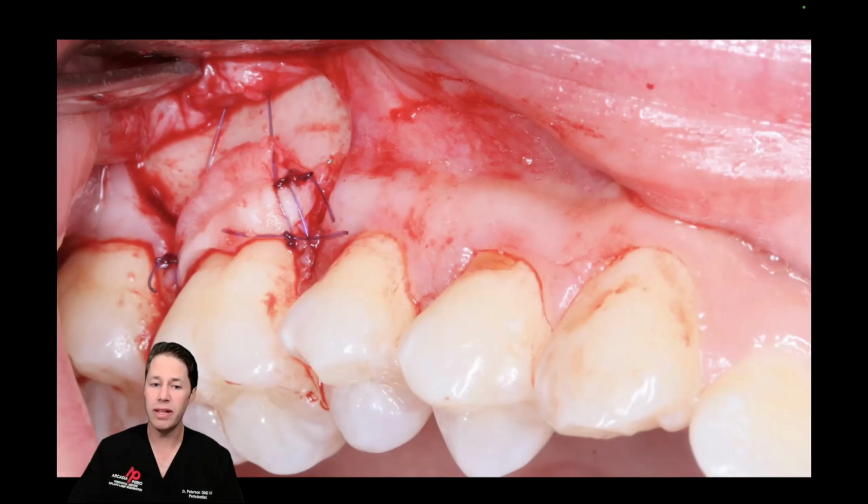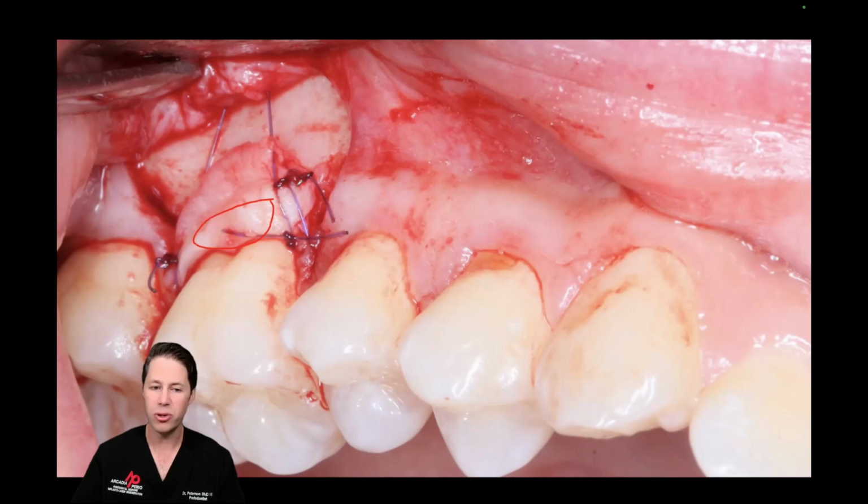I'm going to remove the epithelium as I've done here. So this is the epithelial part of the graft. And then I'm going to suture this graft and stabilize it in a few different ways. First, I'm going to stabilize the corners of the graft into the papillas, extending to the palatal aspect, and then tying that knot through.